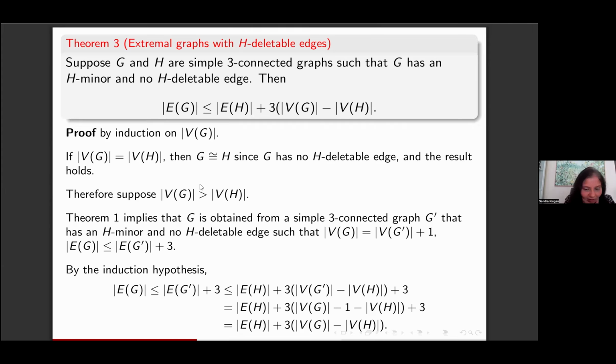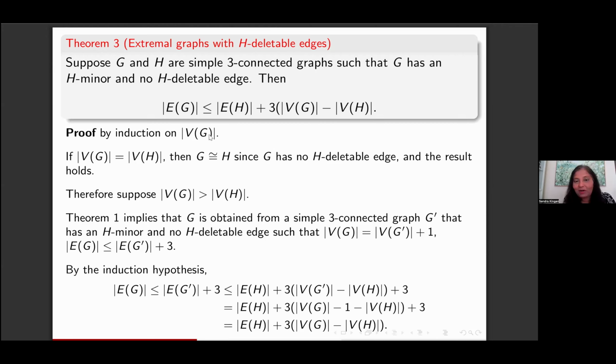So let's see, how much do we want to say about it? If G and H are simple 3-connected graphs such that G has an H minor and no H-deletable edge, it seems reasonable that it can't have too many edges, right? Just like minimally 3-connected graphs, you can't have too many edges; it's bounded by 3n minus 9.